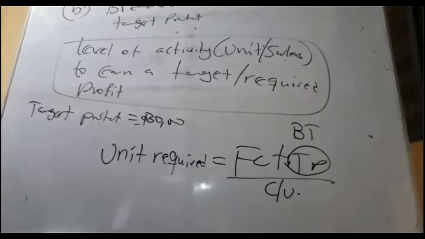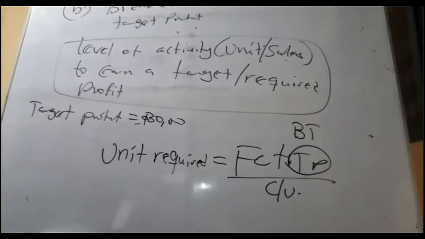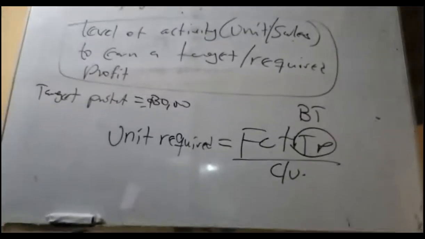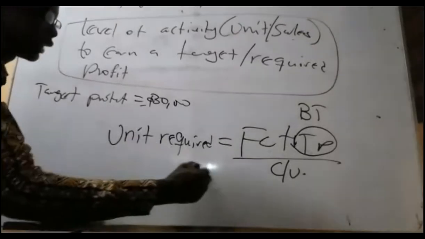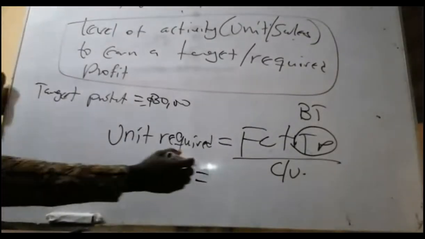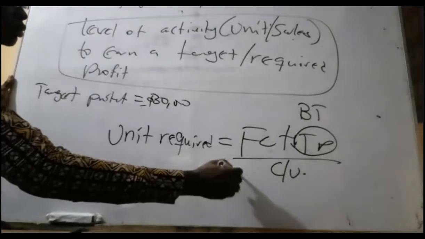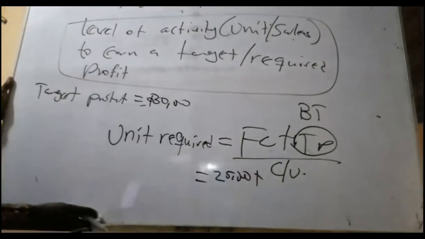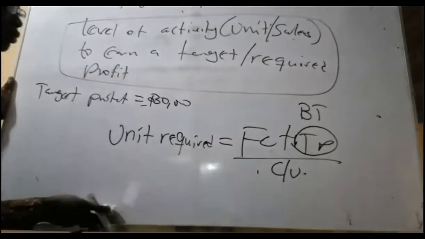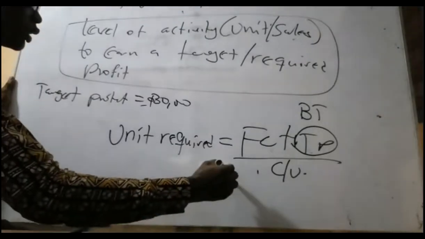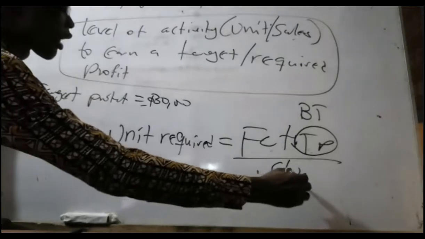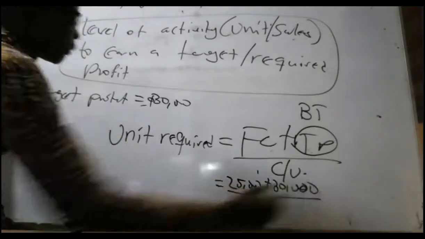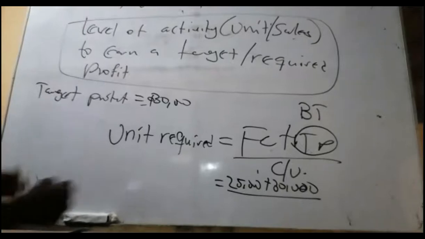So in this question, how do you provide the solution? Let's do substitution. Again, the same question. The fixed cost happened to be 25,000, right? Plus the target profit of 30,000, all divided by the contribution per unit.